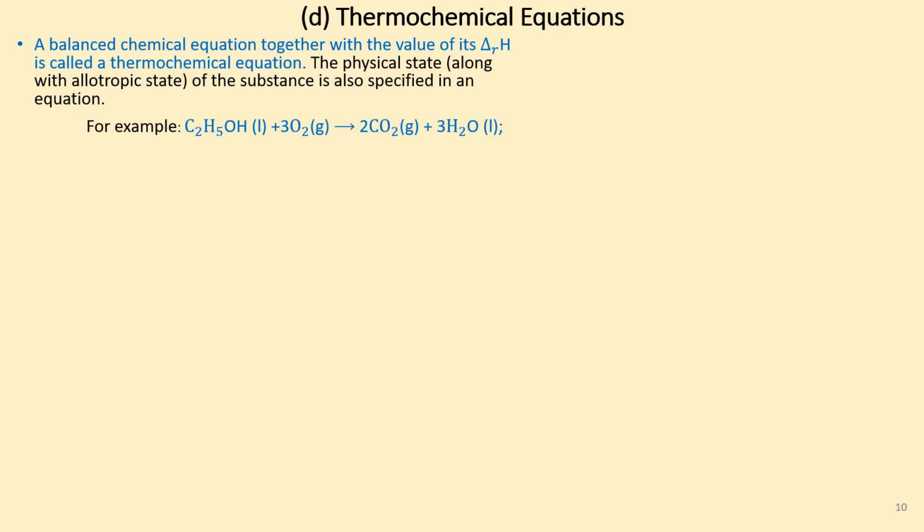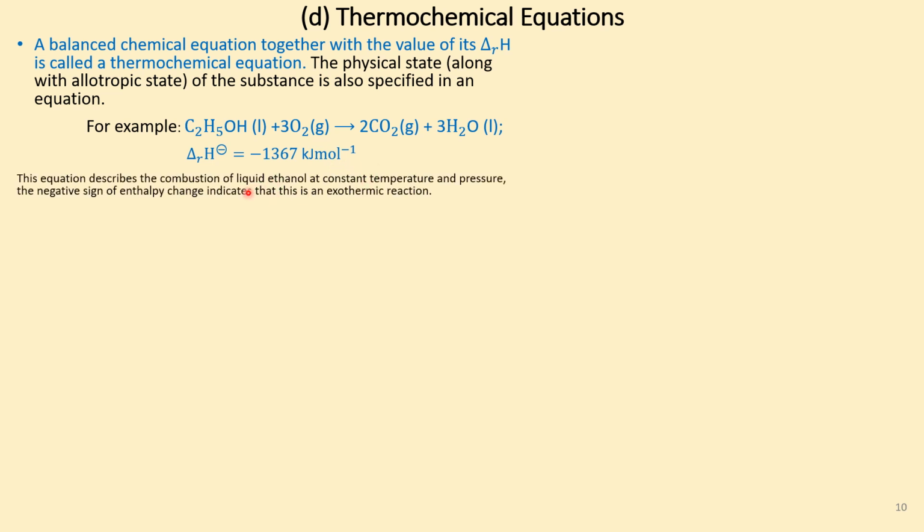C2H5OH in liquid state plus 3O2 in gaseous state combine to form 2CO2 in gaseous state plus 3H2O in liquid state. This is a thermochemical equation, and its delta rH value also should be mentioned. That is, delta rH° equals minus 1367 kilojoules per mole.